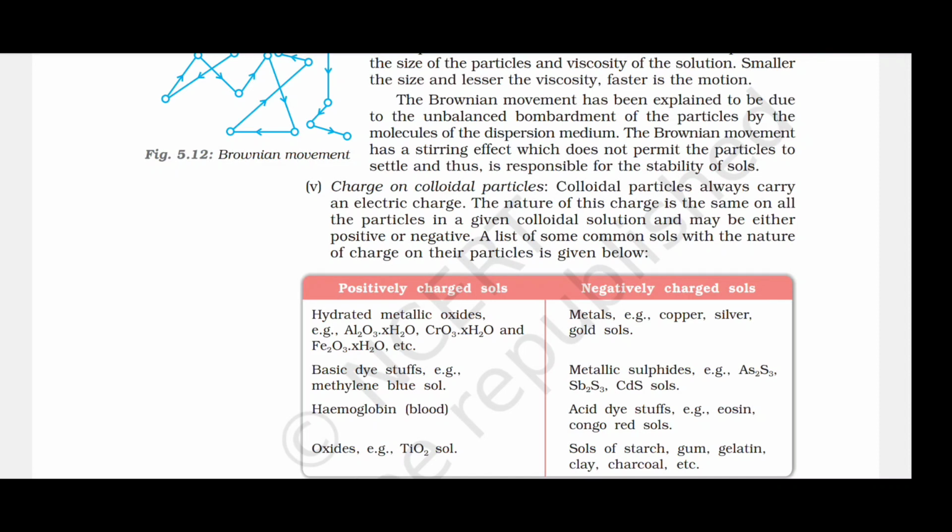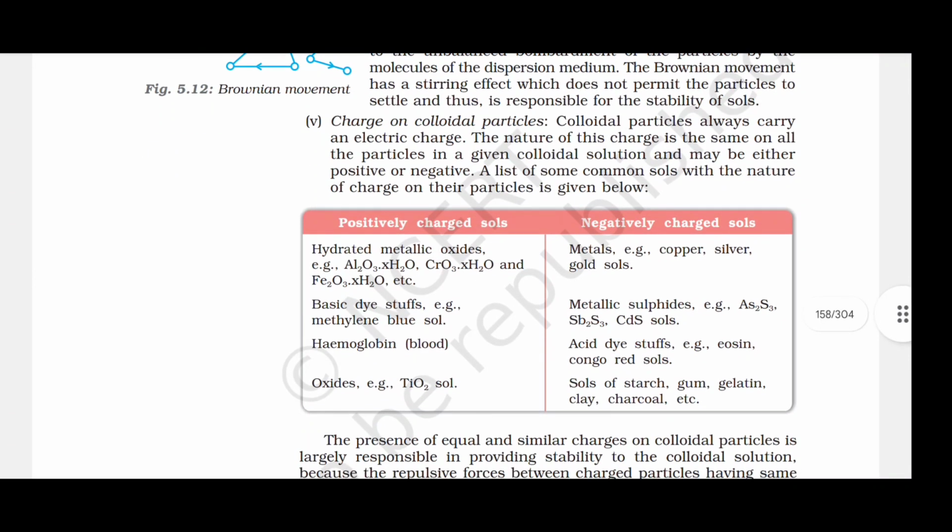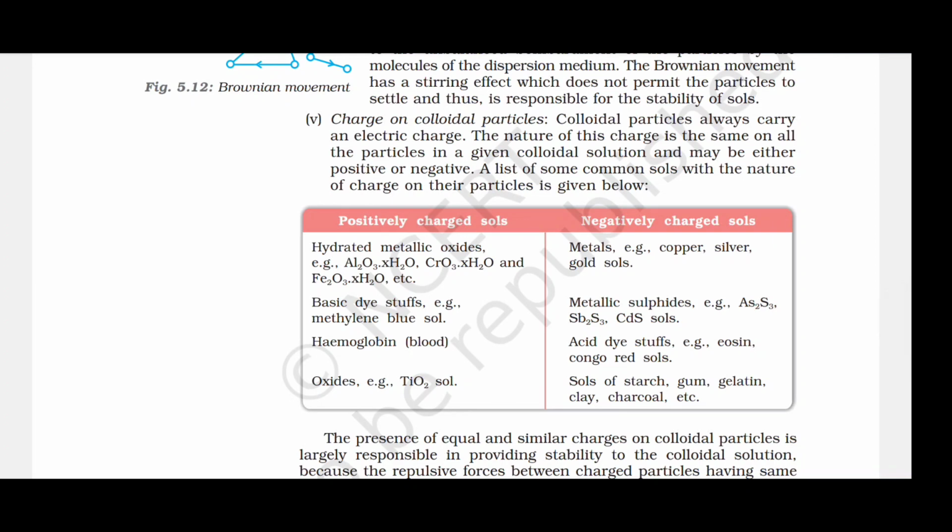Fifth, charge on colloidal particles. Colloidal particles always carry an electric charge. The nature of this charge is the same on all the particles in a given colloidal solution and may be either positive or negative. A list of common sols with the nature of charge on their particles is given below.